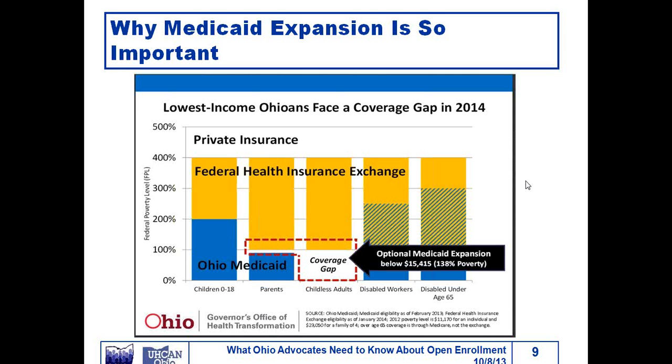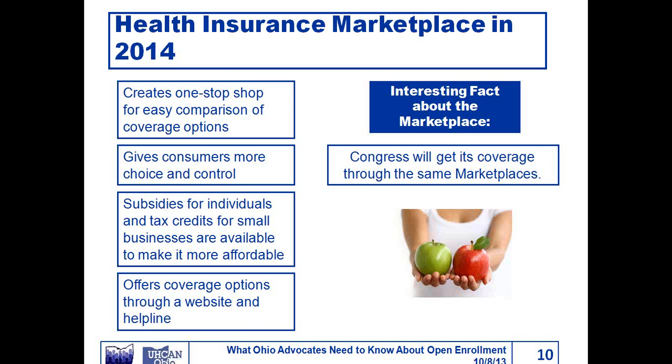Parents do qualify for Medicaid now if their income is below 90% of the poverty level. So the parents who fall in the coverage gap are those between 90% and 100%. But keep in mind that the intention was that people all the way up to 138% of poverty would get Medicaid. So you'll have some very, very poor people attempting to enroll in the healthcare exchange and pay their share of the premium.